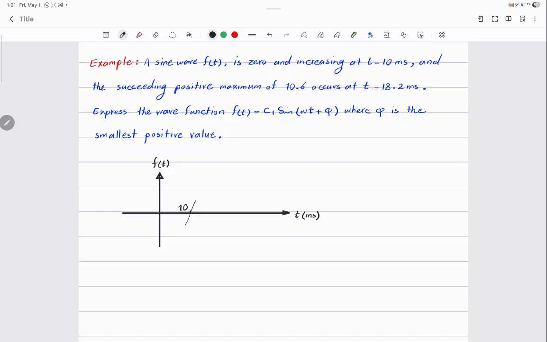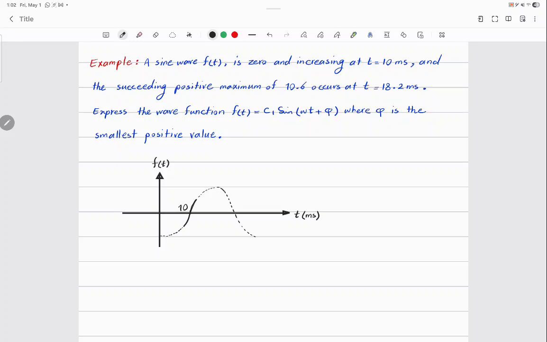It's not the full sine function, it's just that piece around 10 millisecond. Well, how about the rest of it? It's probably something like that, right? The only part that I'm interested so far is that it's 0 and increasing around 10 millisecond.